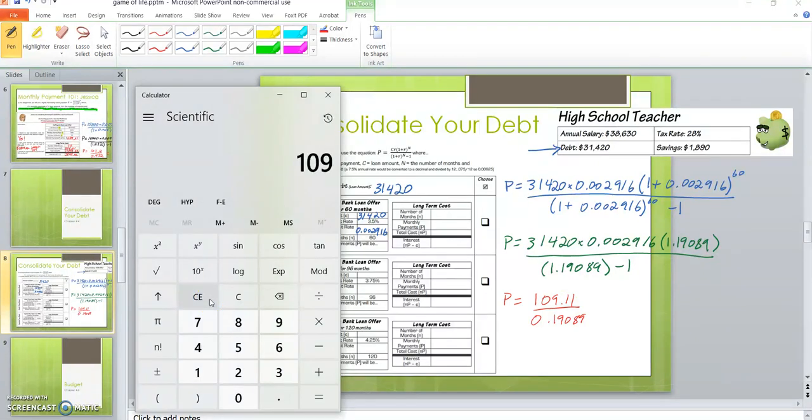So 109.11 divided by 0.19089, and that will give me my final answer.